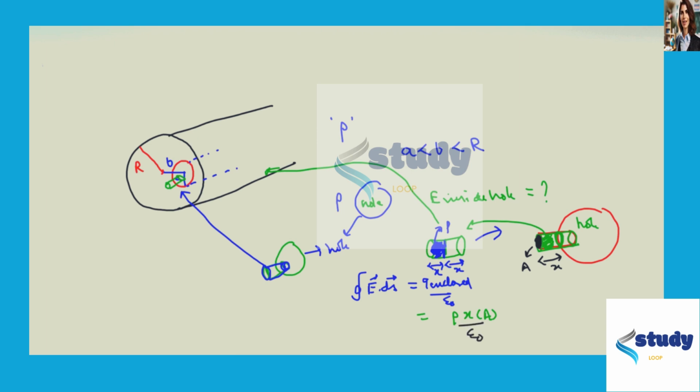Now for E dot dA, we have two faces, so we have E here and E here, giving 2EA. The A goes away, and E equals rho x over 2 epsilon.